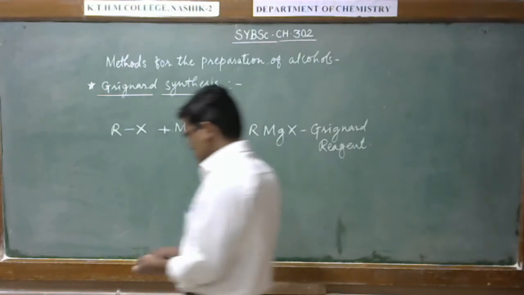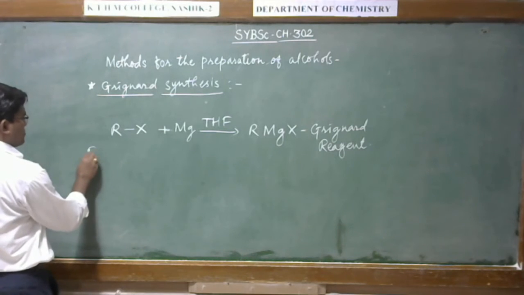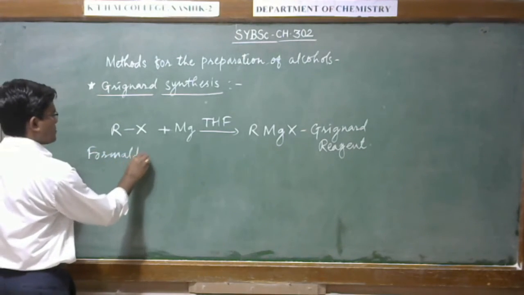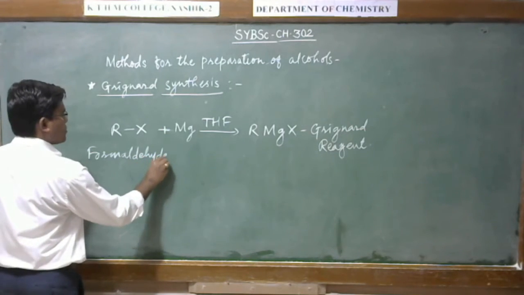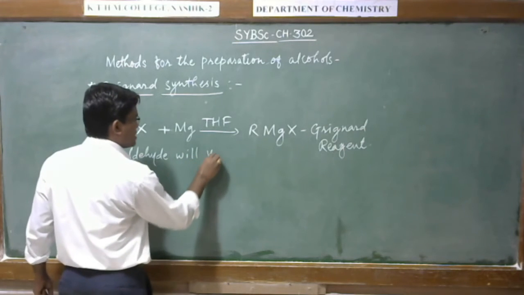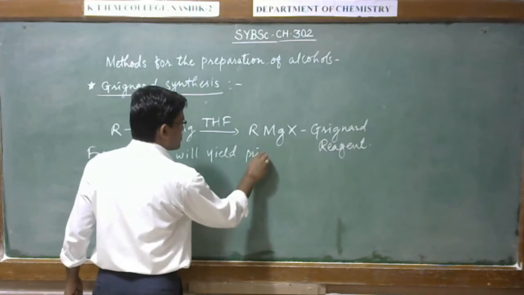So first of all, we will see the formaldehyde. Formaldehyde will yield primary alcohol.